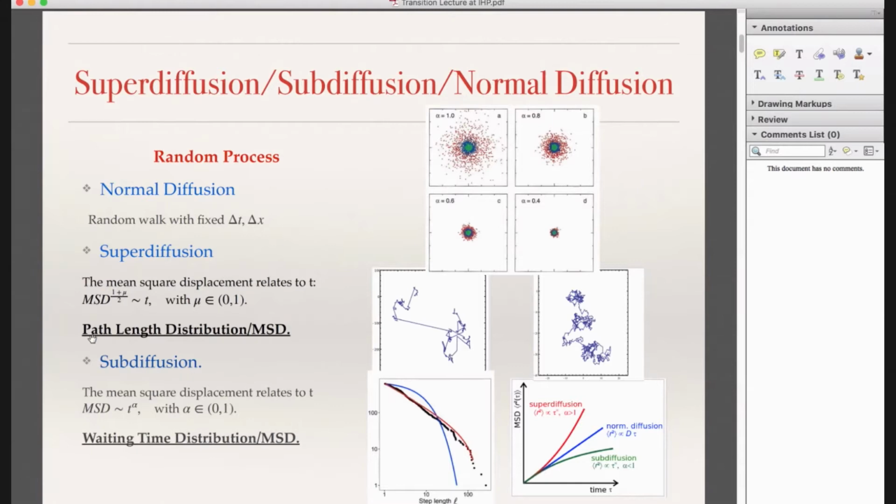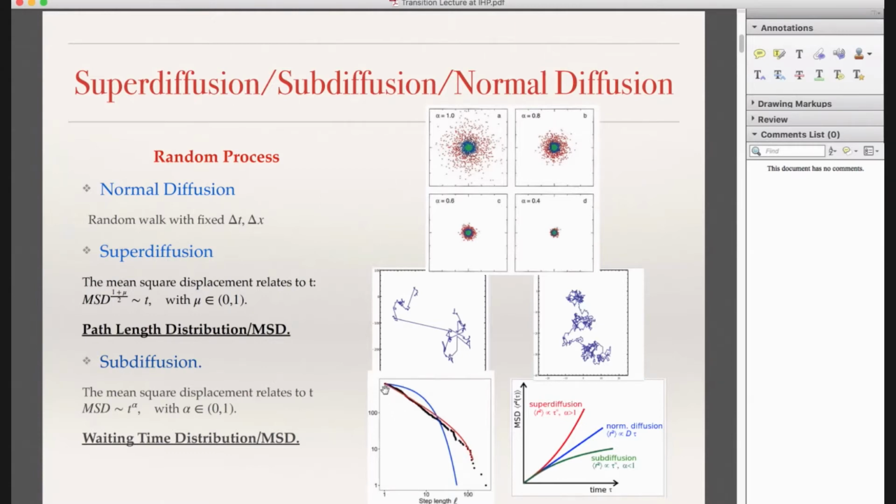If we want to study these three different kinds of diffusion, there are two typical statistics one can look at. The first one is the path length distribution, or the waiting time distribution. Basically, we follow the trajectory of the particle, record the path length between two successive velocity changes, then plot the probability density function of it.